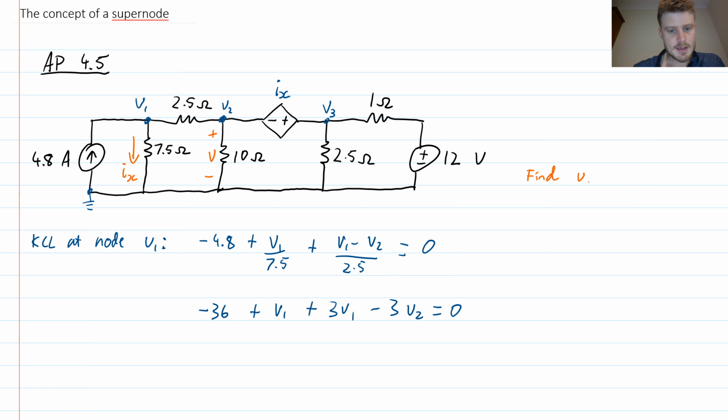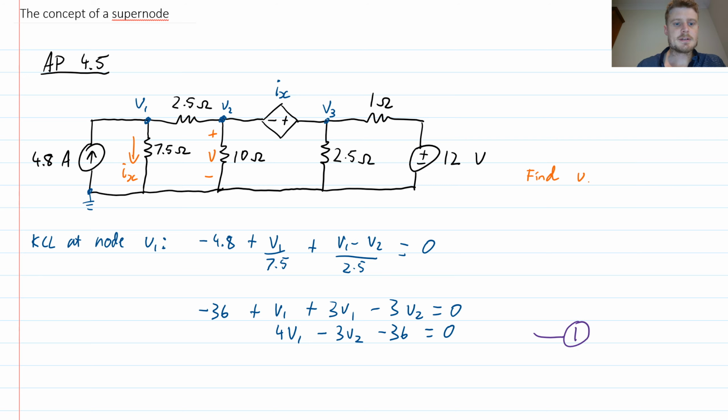Cleaning that up a bit more, we have 4 times V1 minus 3 V2 minus 36 is equal to 0. That's the first equation that we need in order to solve our circuit.